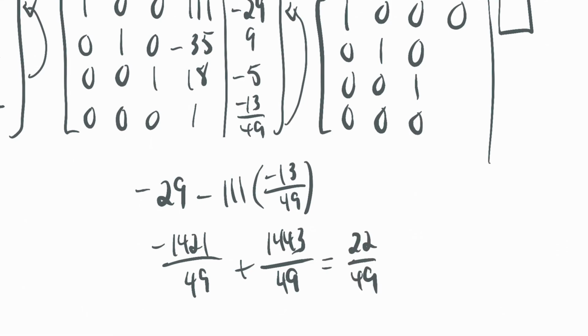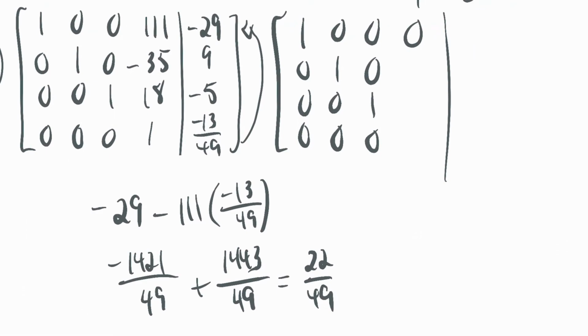Okay, so that's the new number in this position up here. And remember that this is the A coefficient, B coefficient, C coefficient, D coefficient. So 1A equals 22 over 49. So I found 1A, or I found A in other words. So I know what that is.